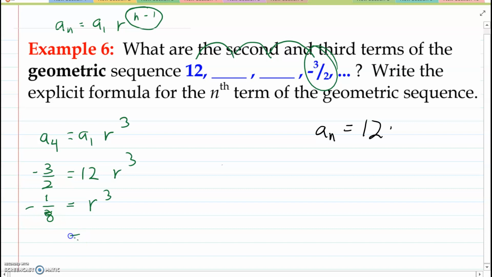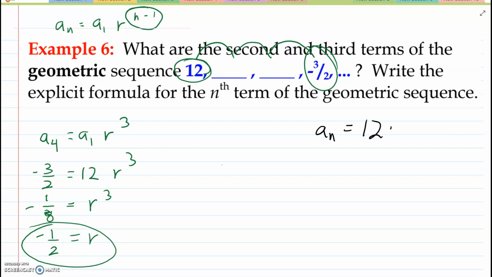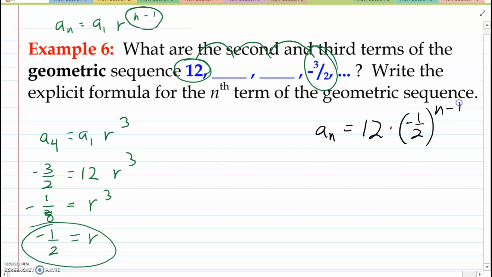And then if I take the cube root of both sides, well, wait a second, that's just going to get me -1/2. So now I have my r, I've got my a sub 1, so I can finish the expression and say that that is just going to be 12 times -1/2 to the n minus 1. Cool there.